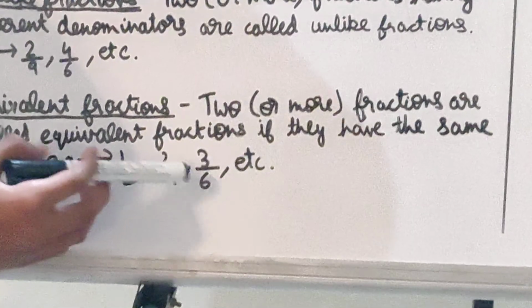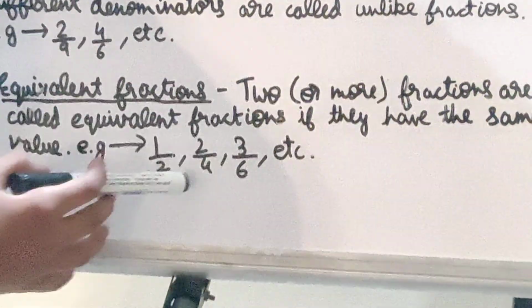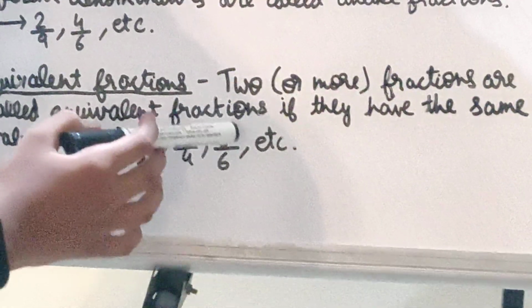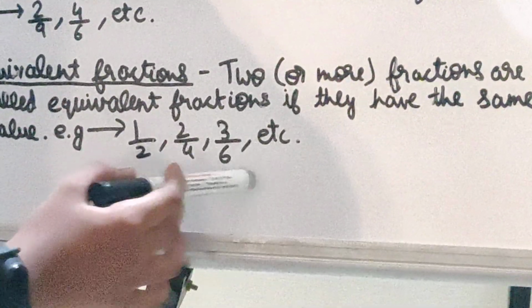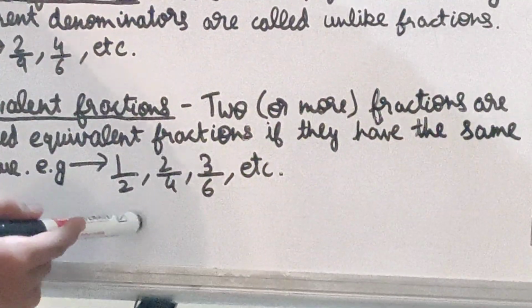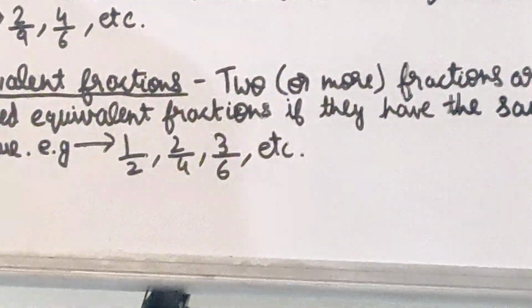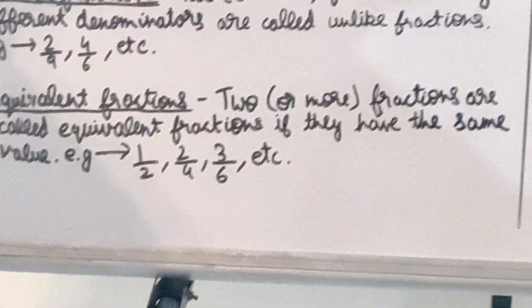Now, if we reduce 2 upon 4 to simplest form, we will get 1 upon 2 only. And if we reduce 3 upon 6 to simplest form, we will get 1 upon 2 only. So that means these three fractions are called equivalent fractions as they are equal to each other.